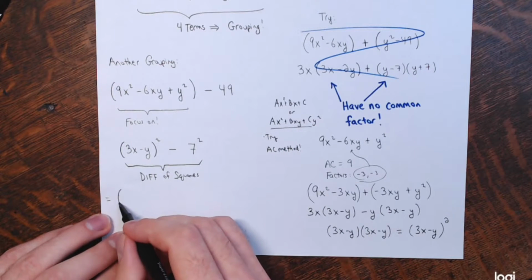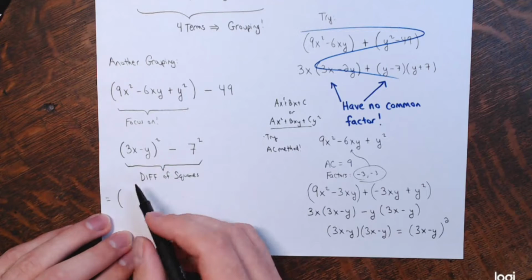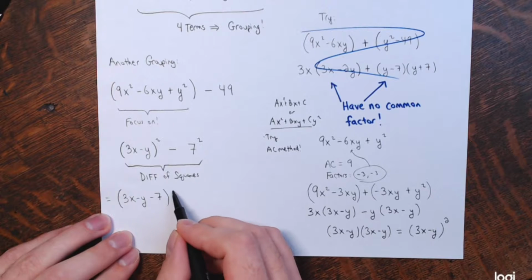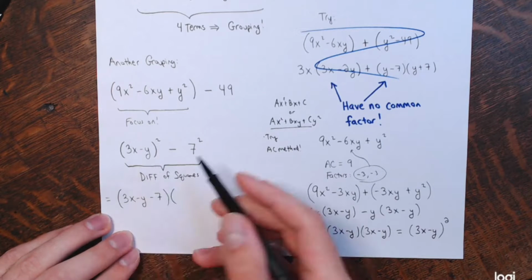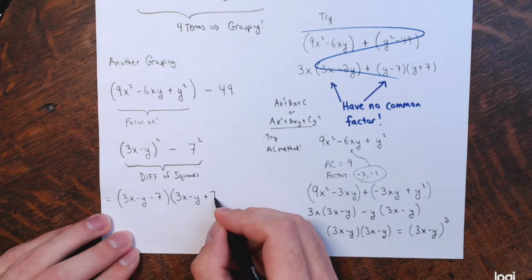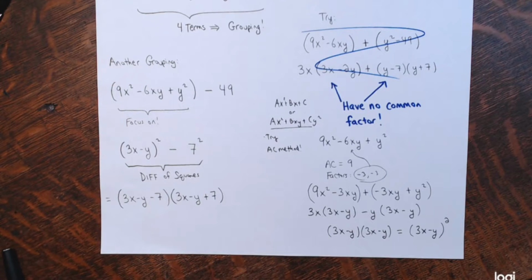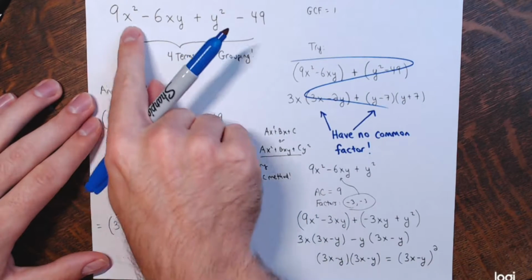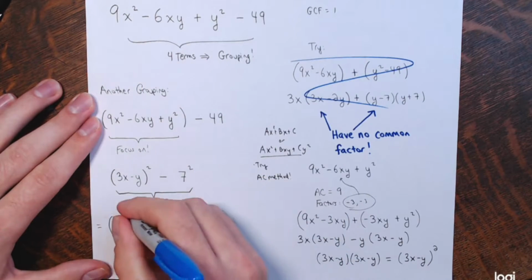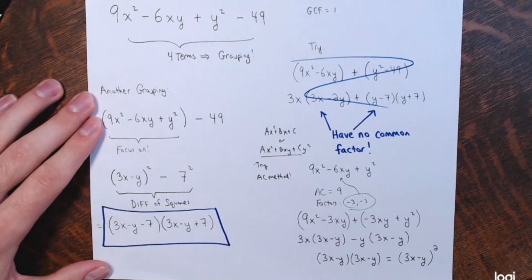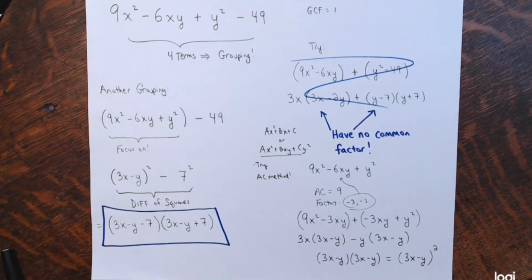So this will factor to a minus b, 3x minus y minus 7, times a plus b, 3x minus y plus 7. And there you have it. There's our original expression written as a product: 3x minus y minus 7 times 3x minus y plus 7.